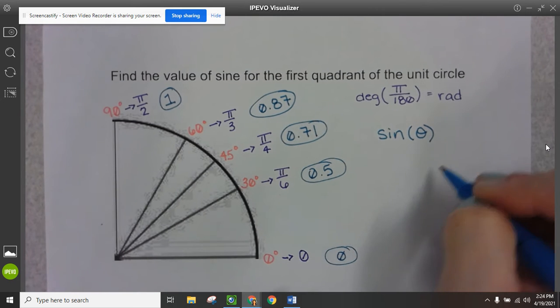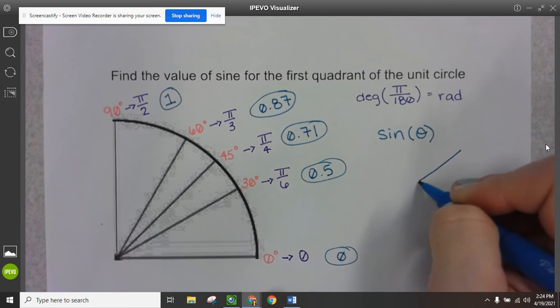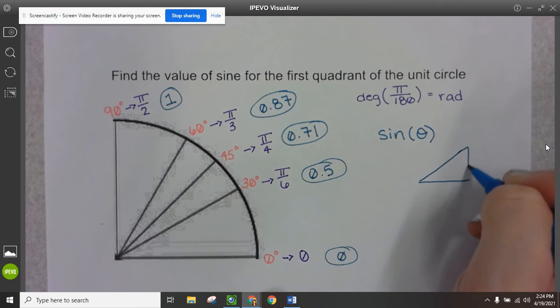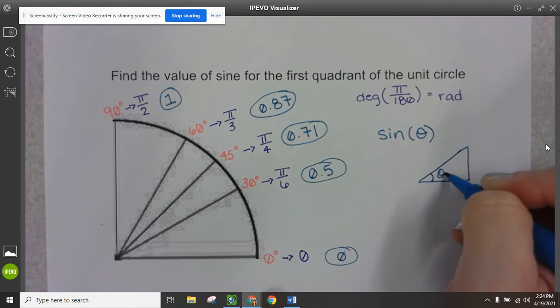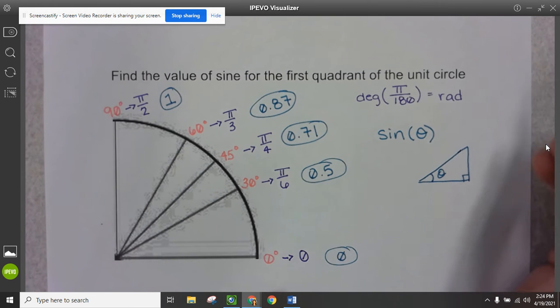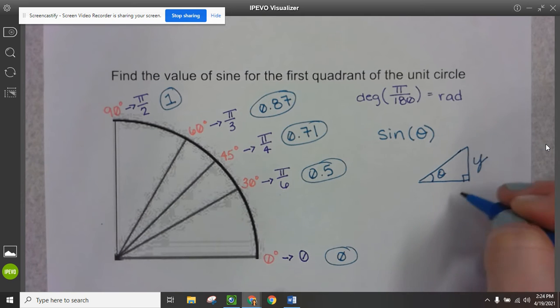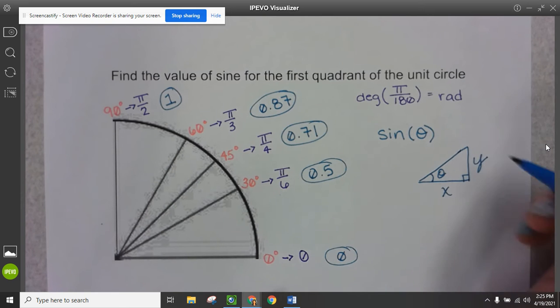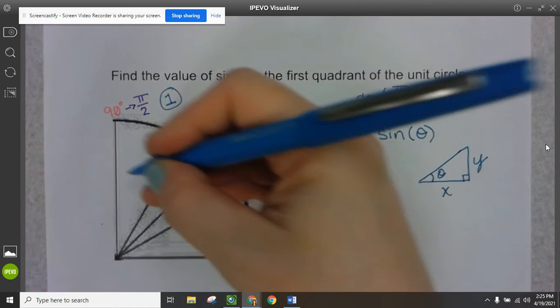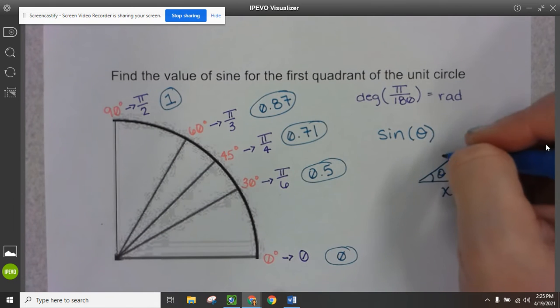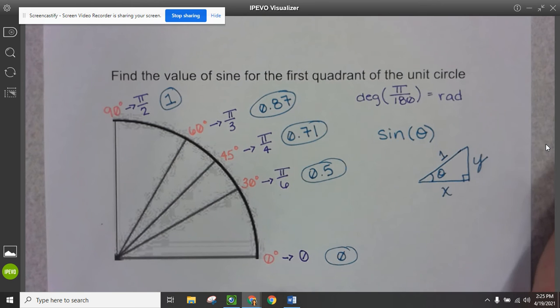And if you think back to what we did last week, here's theta, here's my right angle. This is actually our y coordinate. This is our x coordinate. And since I'm on my unit circle, our radius is 1.